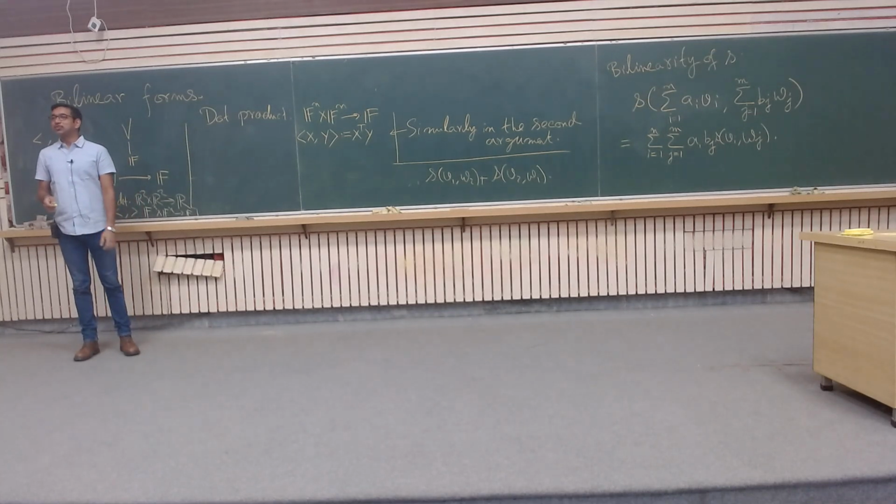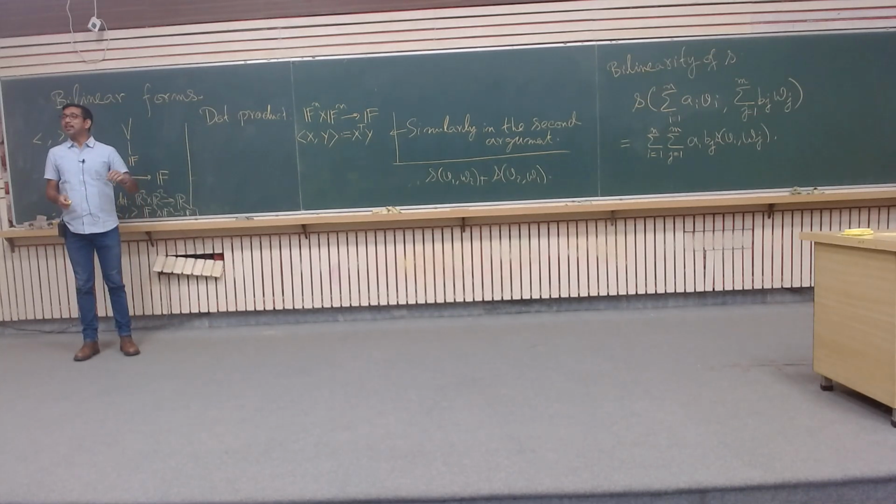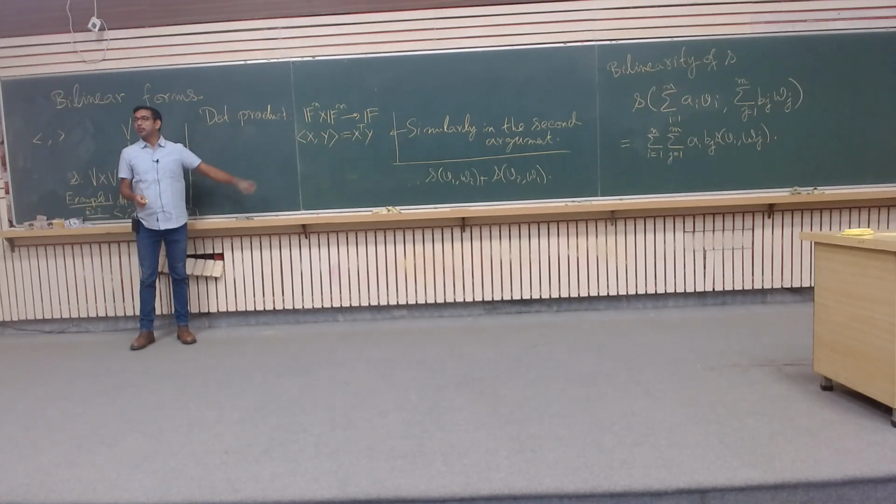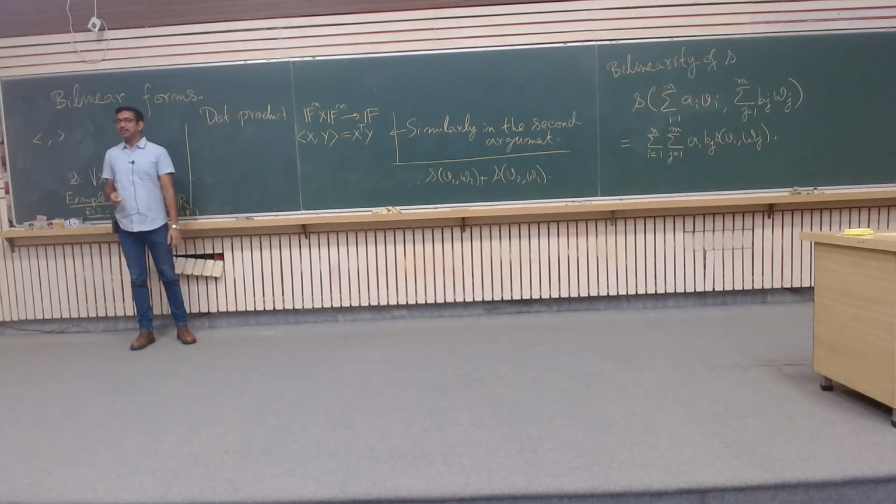So that brings us to something, that is, what happens if we change the basis? How would the dot product look?